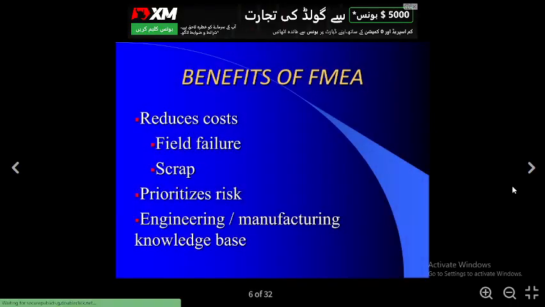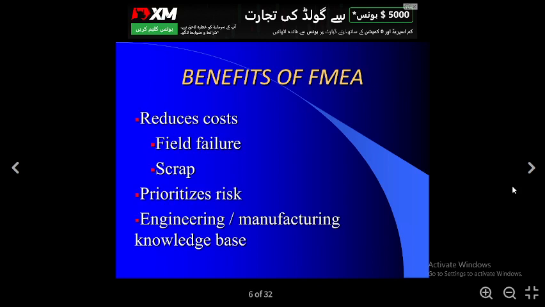Benefits of FMEA. The important benefits of FMEA are reduced costs, field failures, and scrap. It helps you prioritize risks, what is more important than the others, and it builds an engineering and manufacturing knowledge base.